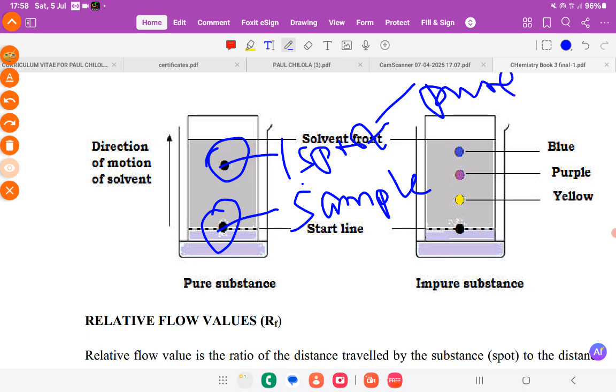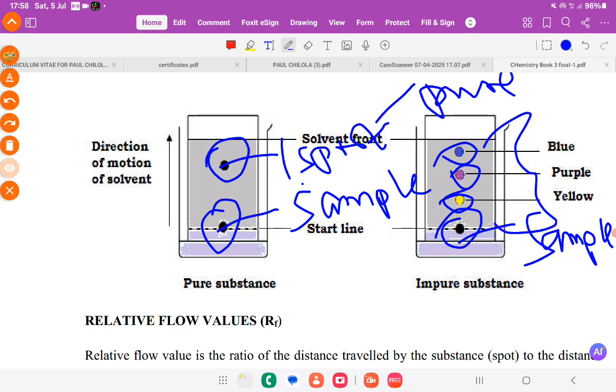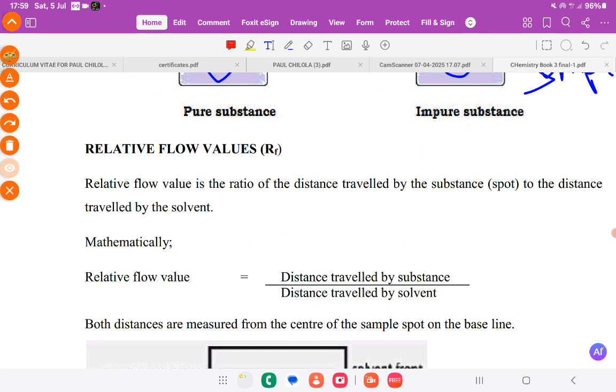But for an impure substance, one that has impurities in it, this is the original sample. After the chromatography process, you find that there are several colors. There's yellow here, there's purple, there's another color there. That shows that the substance is a mixture of two or more components. That's very important to note. I hope we are together there.